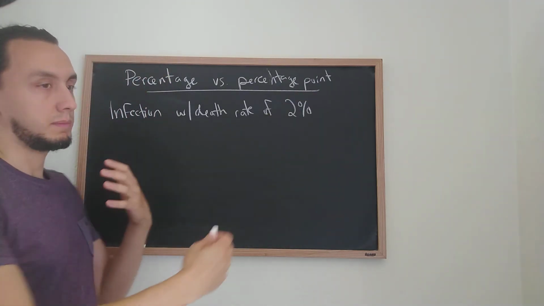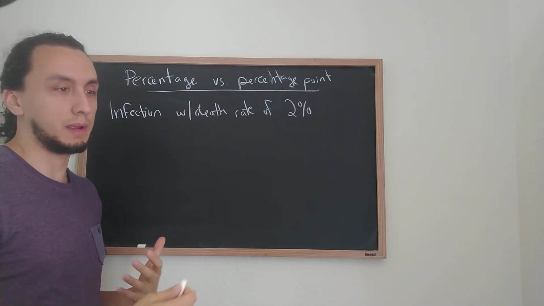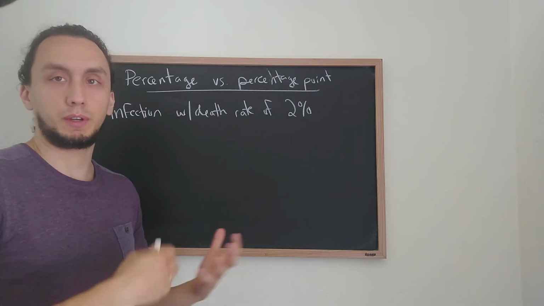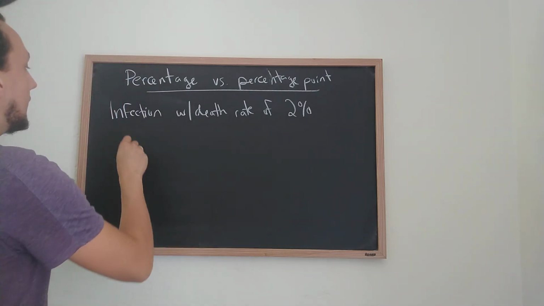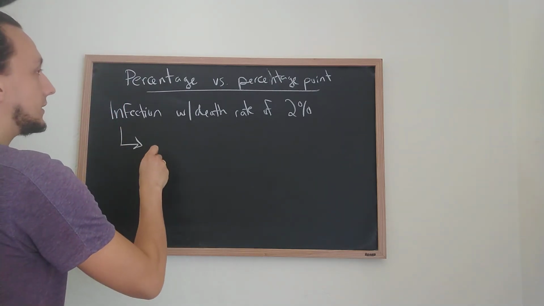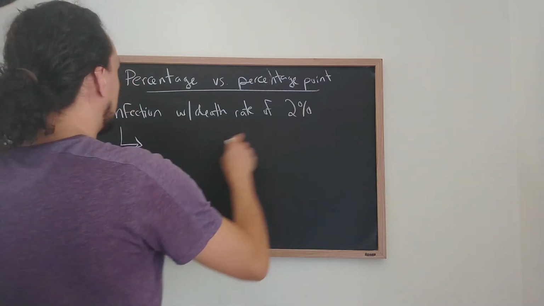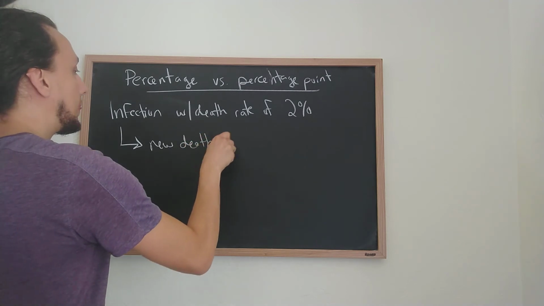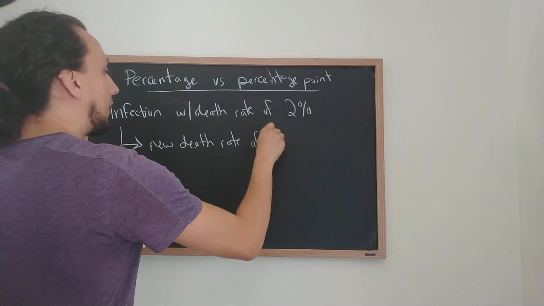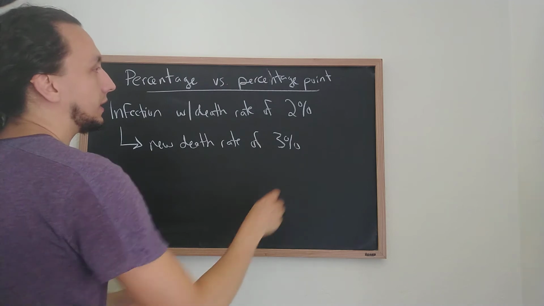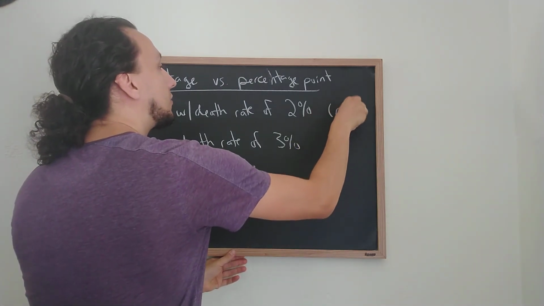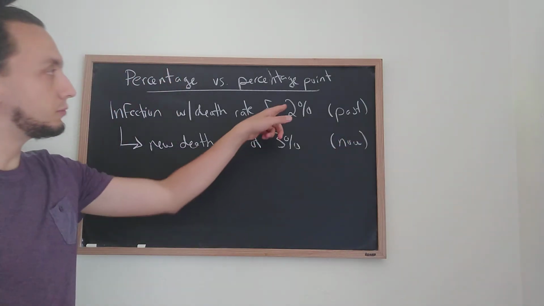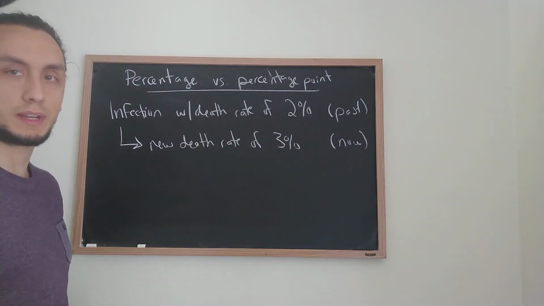And then something happens, over time, maybe our treatments get worse, or more people get infected or something, and then what we end up with is a new death rate of 3%. So this was the original death rate in the past, and this is the new death rate now. 2% was what it was before, 3% is what it is now.